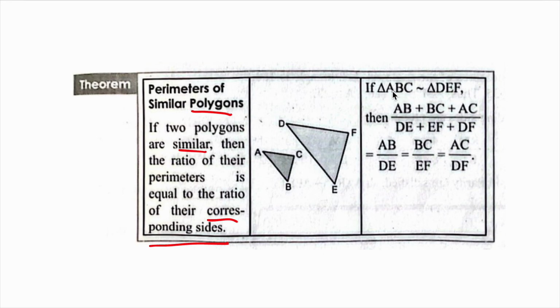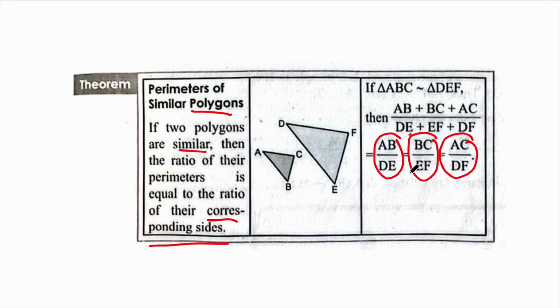Okay? If this triangle ABC is similar to triangle DEF, then AB plus BC plus AC, the perimeter of this particular triangle, all over DE plus EF plus DF, the perimeter of the big triangle, is equal then to the ratio of AB over DE, BC over EF, and AC over DF.